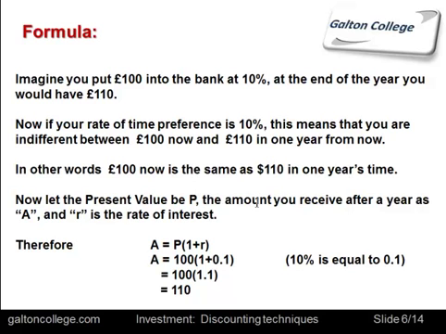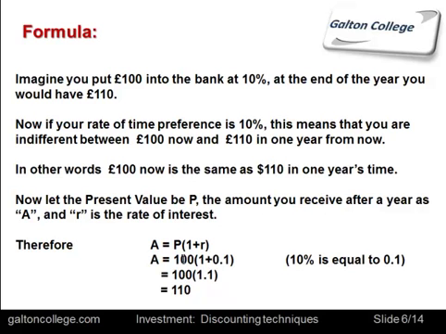Now let's look at the way this works with a little formula. Here's the amount, A, and here's the principal, P. This is the amount we get and this is the rate, r. Now let's say we put £100 in the bank. It's our principal, £100. We would get 1 plus the rate of interest, 10%, which is 0.1. 1 plus 0.1 is 1.1.